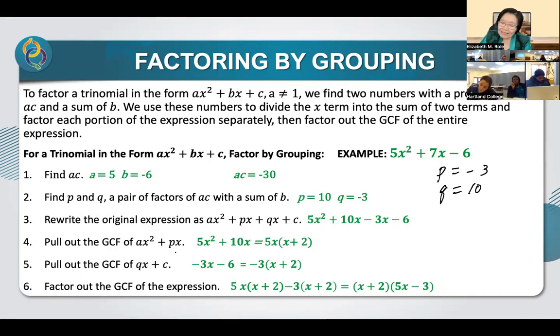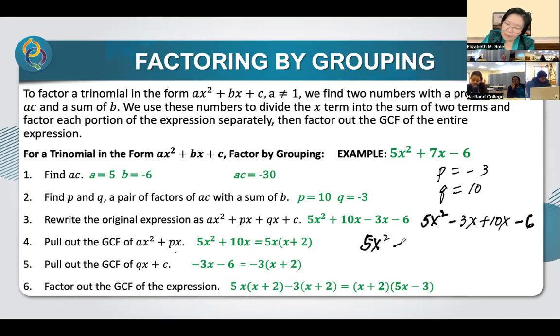So I can now have 5x squared minus 3x plus 10x minus 6. Then I can combine the 5x squared minus 3x, plus, let's separate, 10x minus 6.